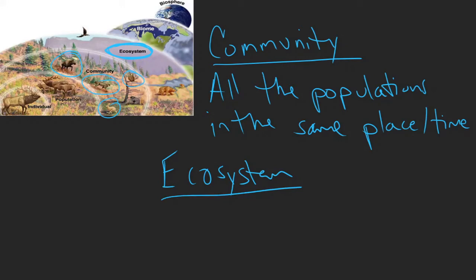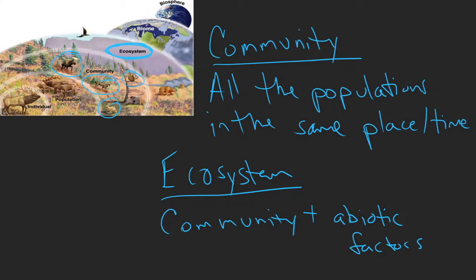An ecosystem is actually the community plus all of its surroundings. Or a fancy way of saying that in science class would be abiotic factors. So that is the difference in an ecosystem and a community.